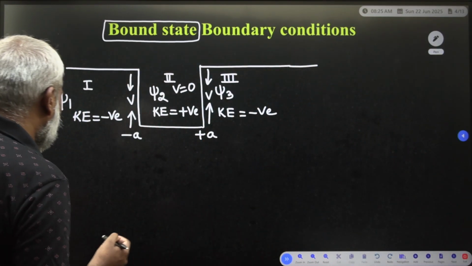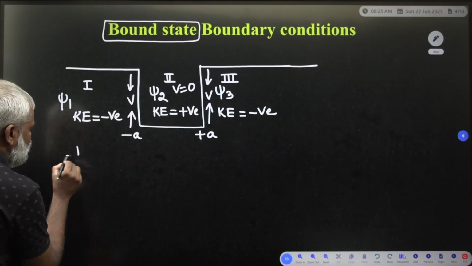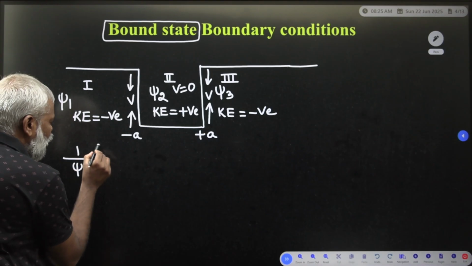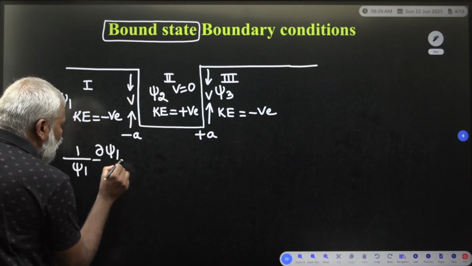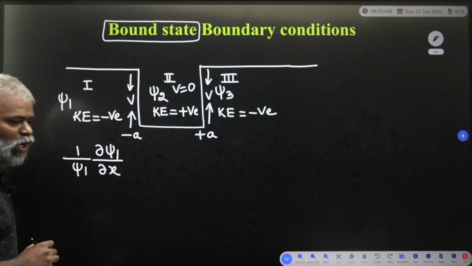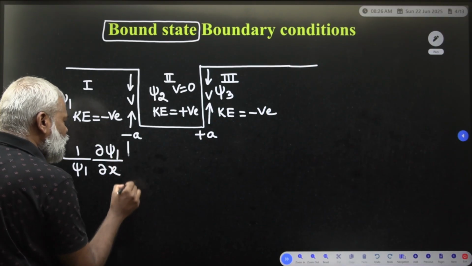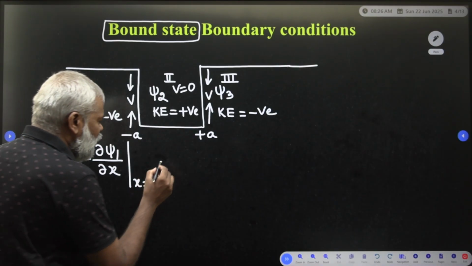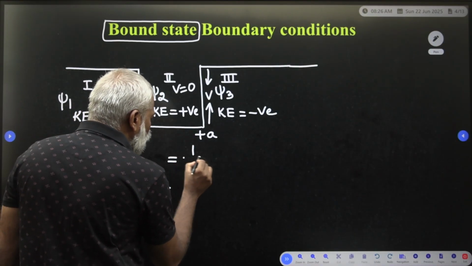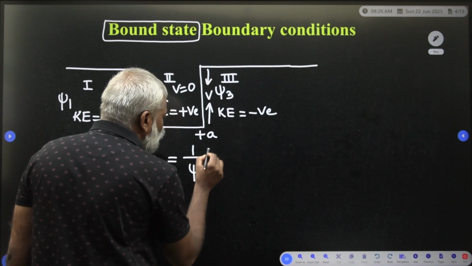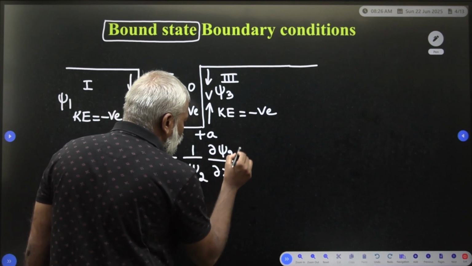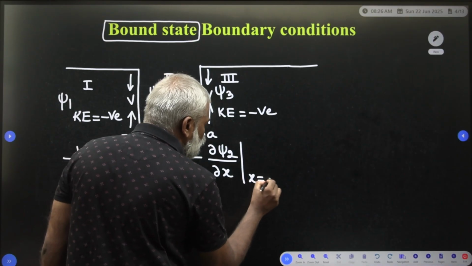The boundary condition is 1 by psi 1 into dou psi 1 by dou x at x is equal to minus a, which is equal to 1 by psi 2 into dou psi 2 by dou x at x is equal to minus a.